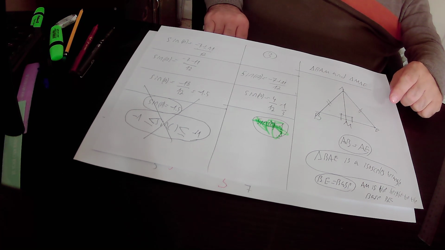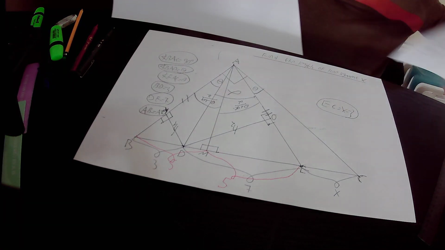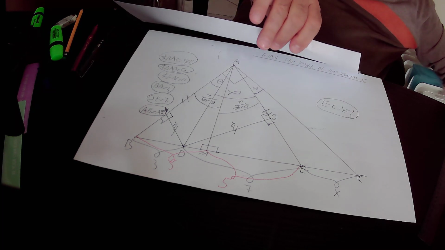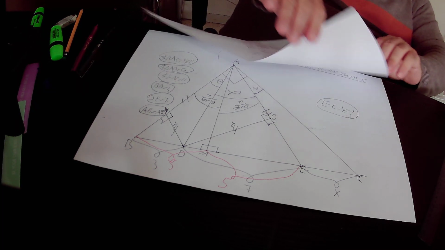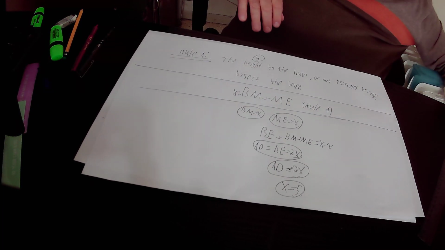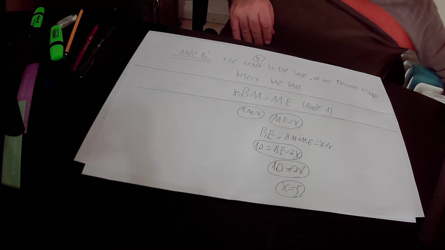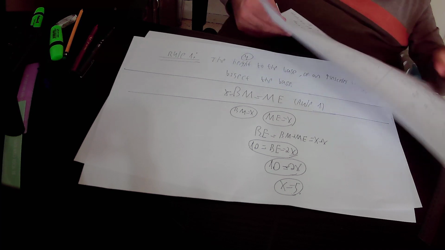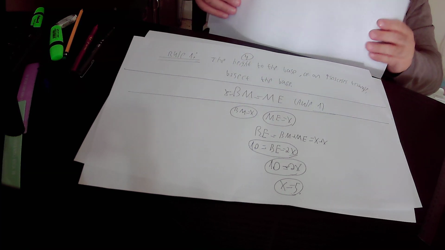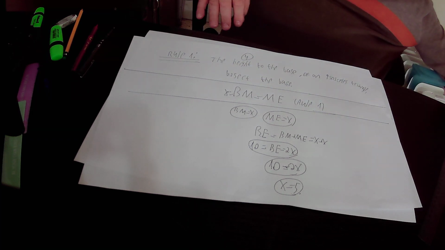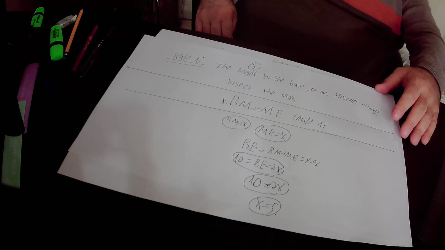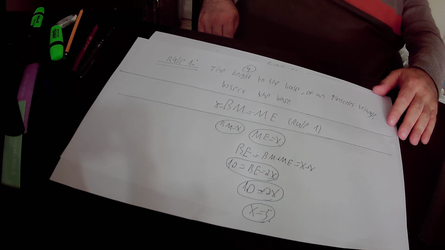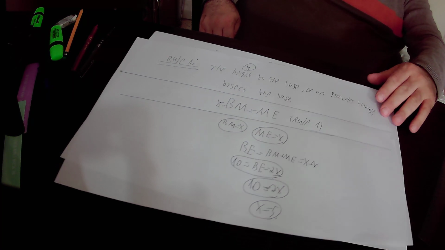And then I presented to you rule number 1. According to rule number 1, the height to the base in an isosceles triangle bisects the base.